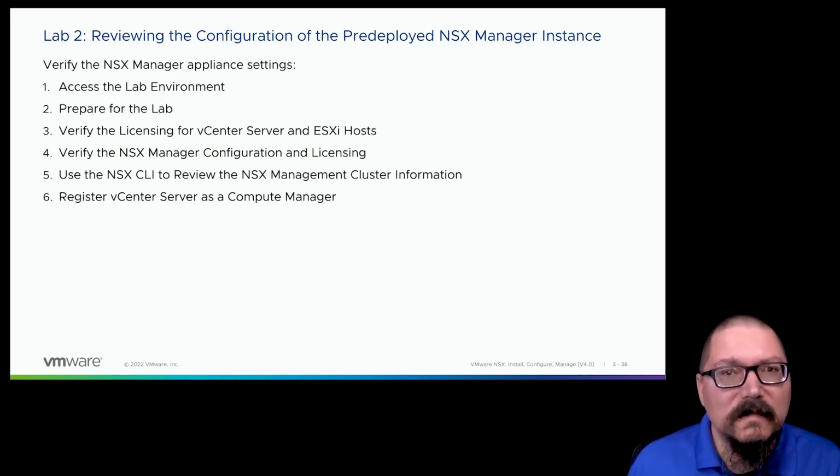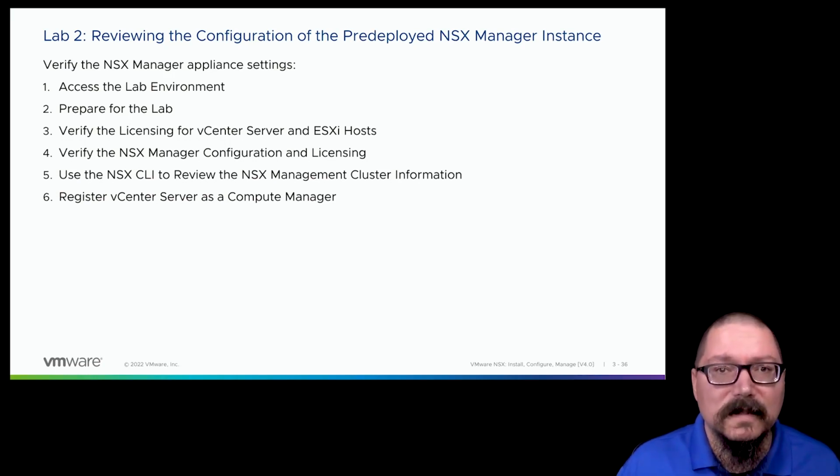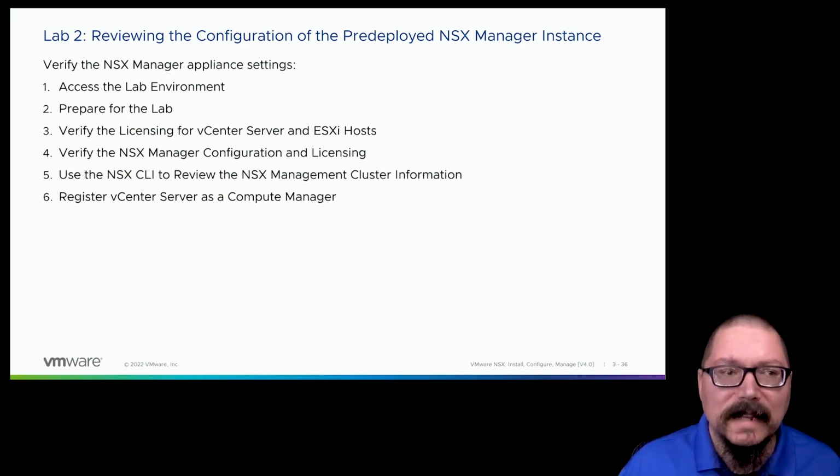Nothing crazy here. Then we're going to explore the NSX command line, look at some of those command line tools, get cluster status and things like that, just to validate our NSX management cluster. And then, very critically, we're going to register a vCenter server as a compute manager. We're going to need that for future labs. So that's what we're doing in lab number two.